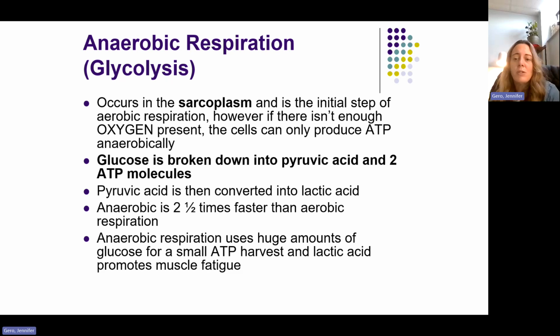However, there are consequences: not producing enough ATP, burning through a ton of glucose, and generating that lactic acid, which can lead to muscle fatigue, soreness, etc. Now, you might have heard of HIIT workouts, high intensity workouts that are basically working on anaerobic respiration, or glycolysis, because you have to burn through so much more glucose to generate ATP.